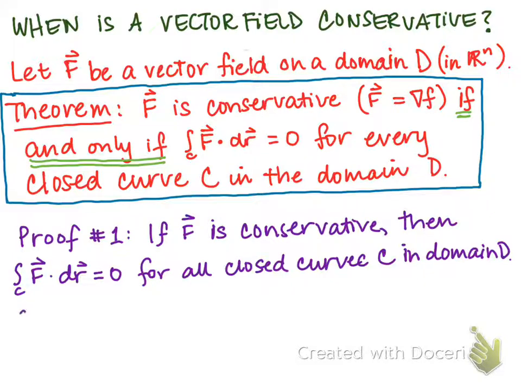If F is conservative, then F dot dr equals gradient f dot dr, and we integrate from a to b, I should say.